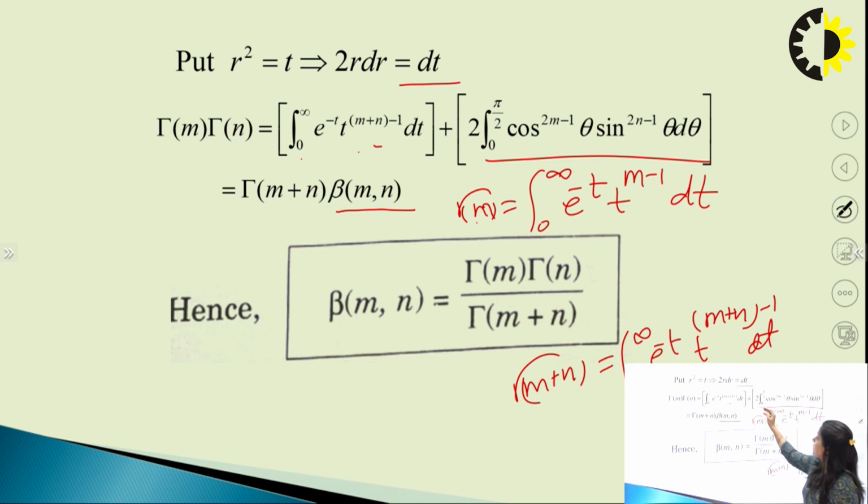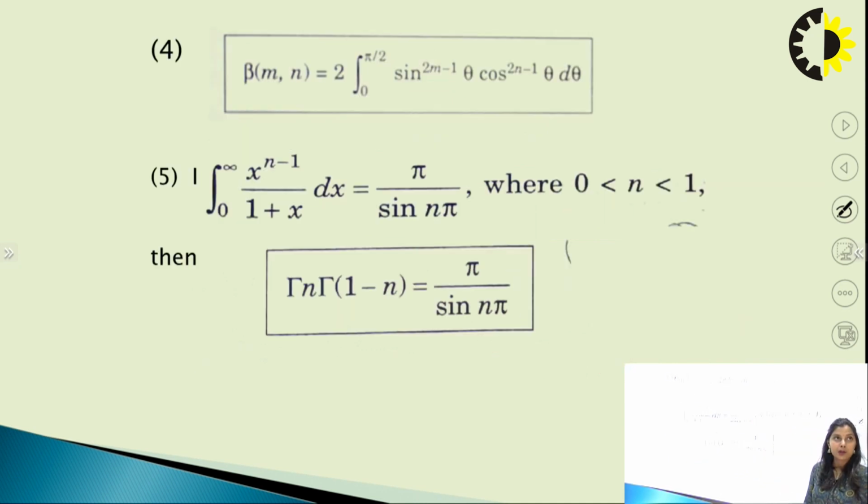So this integration is equal to gamma of m plus n. Now we will take this term to the left hand side. So beta m n is equal to gamma m gamma n upon gamma m plus n.